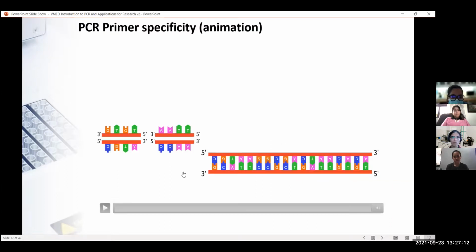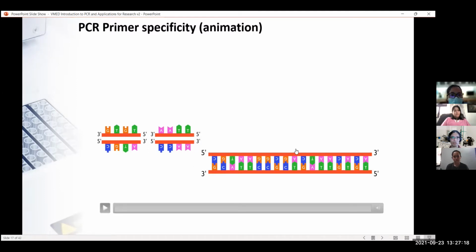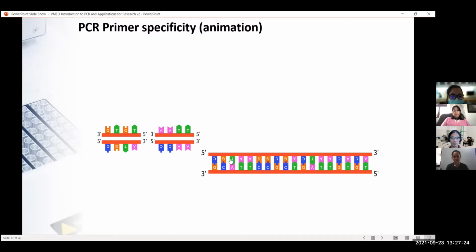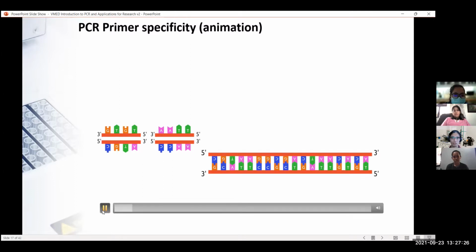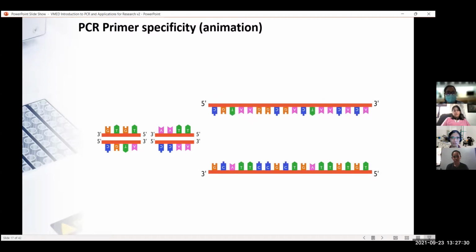So this is an animation of the PCR primer specificity. As I mentioned earlier, PCR primers are very specific in terms of the regions where they will bind. So for example, this is your template DNA. Then you will denature them. Let's try inserting a wrong primer.